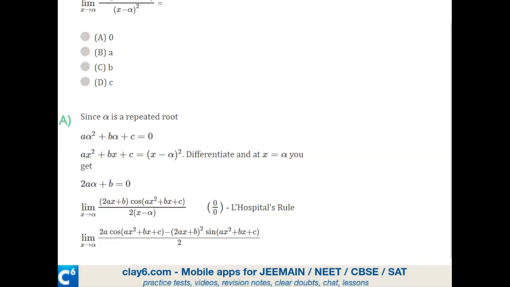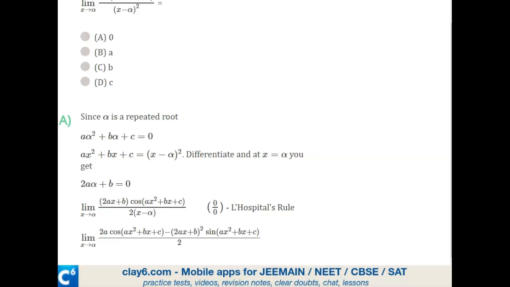But then you immediately realize that there are two things going for us. One is that 2a alpha plus b is 0, so whatever you differentiate, you're going to get that as 0. And then again, sine of ax squared plus bx plus c, but when you put alpha, sine of a alpha squared plus b alpha plus c. So you don't even need to differentiate, if you know what you're doing.